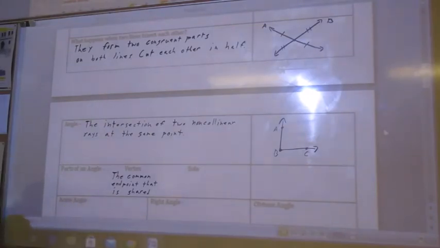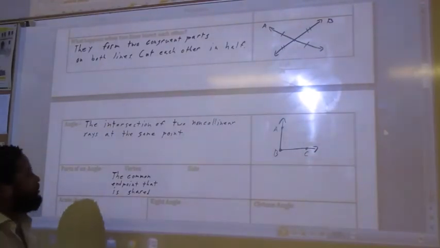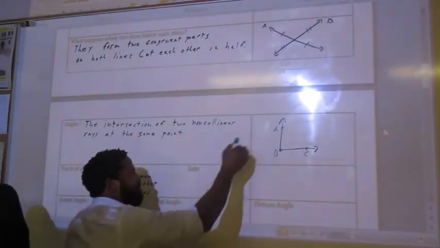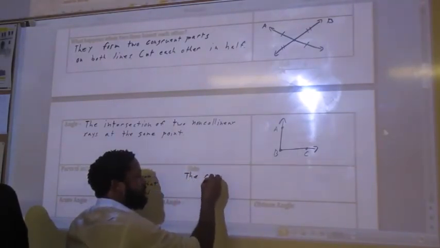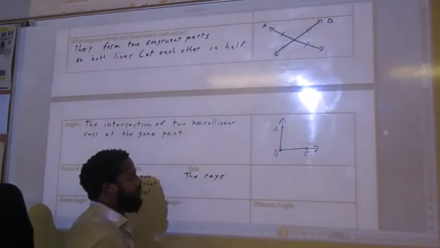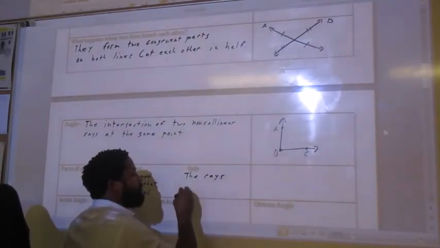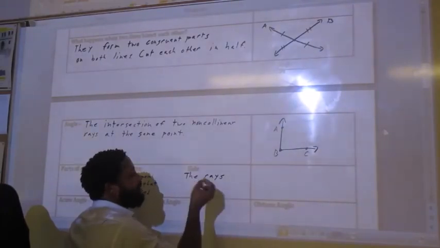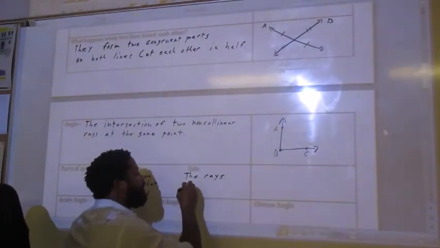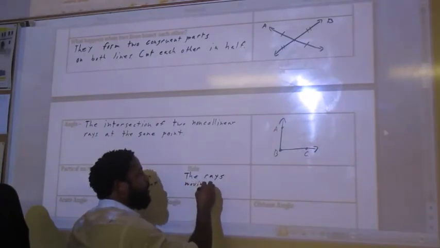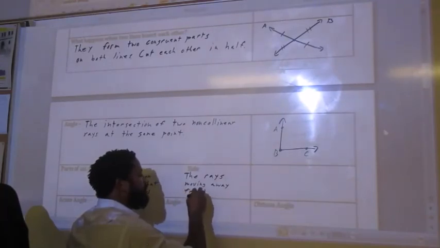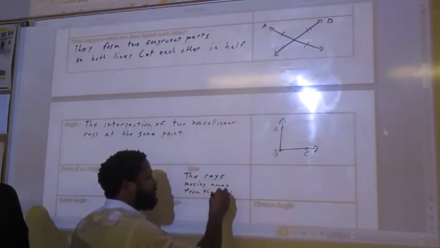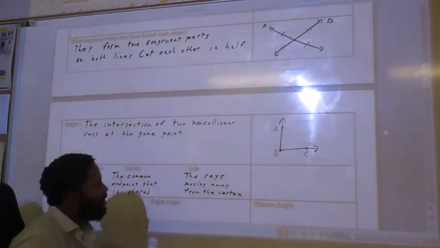All right. The sides of an angle are the rays. The rays moving away from the vertex. Okay?